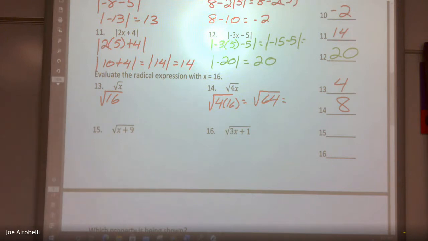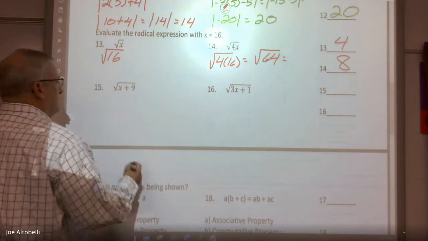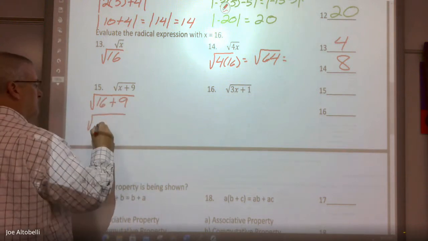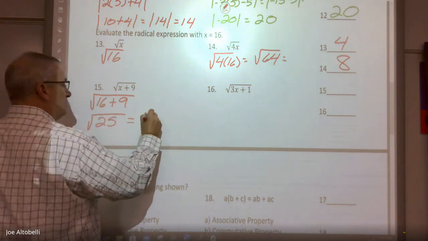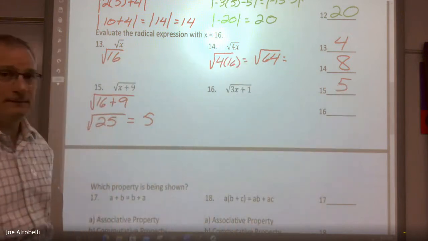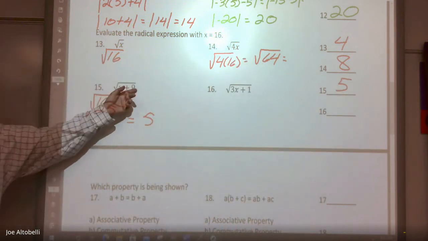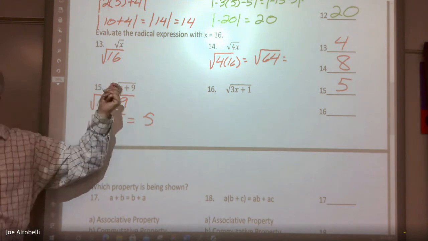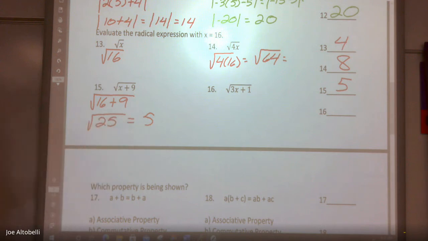15. We get 5. 16 plus 9 is 25. The square root of 25 is 5 because 5 times 5 is 25.